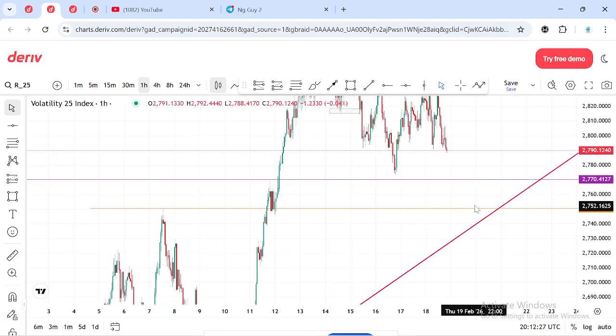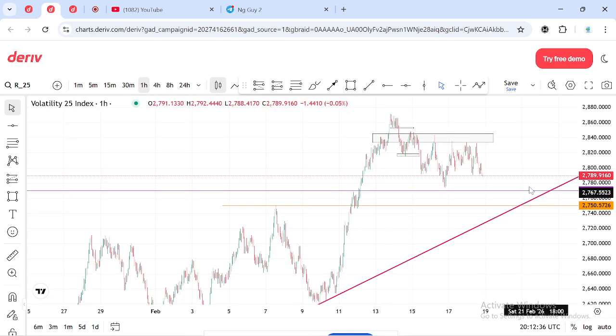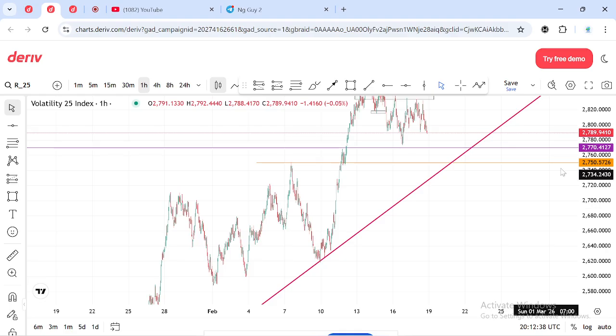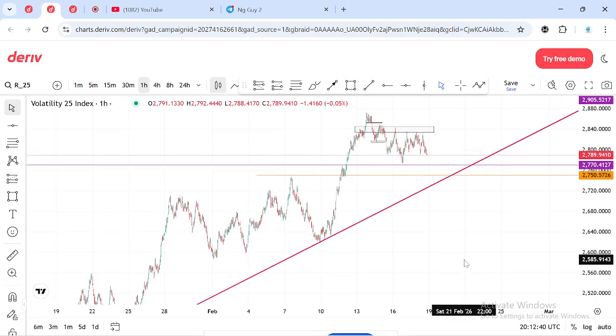So it's from here we could begin to look for the next entry for the day. Some persons will want to hold or take buys from here to the upside. For me, I'm beginning to see a kind of change of character, but it would only work well if we see price break this point properly to the downside.